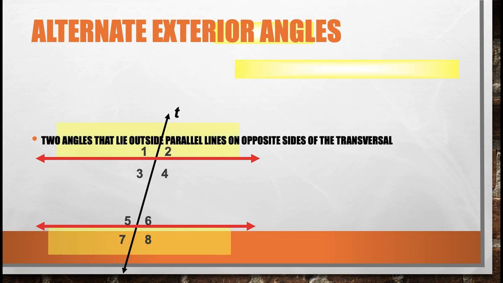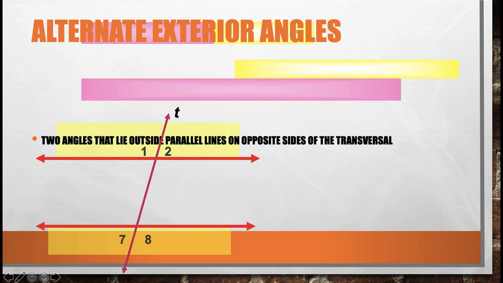These are the pairs of alternate exterior angles: 1 and 8, and 2 and 7. They lie outside the parallel lines, these are the parallel lines, and on the opposite sides of the transversal.